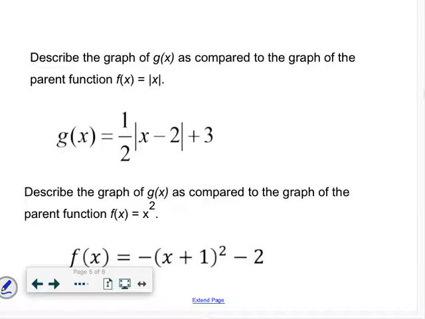If I was looking at the first one, this is one half. No, that's a shrink. That's not vertical.